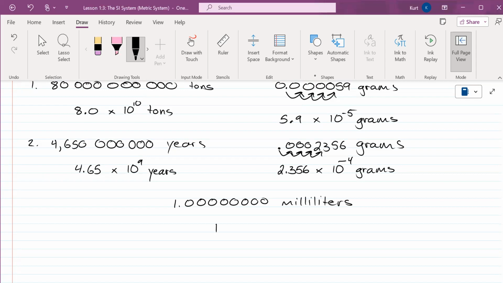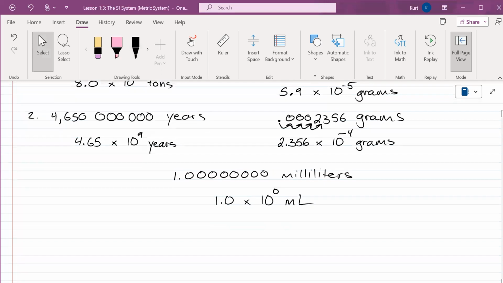The answer is going to be 1.0 times 10 to the 0 milliliters. You will see that every now and then, and it's almost as if your brain locks up. If the decimal is already where you want it to be, it's 10 to the 0. Okay?